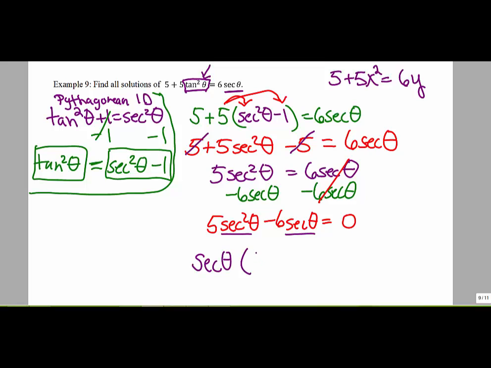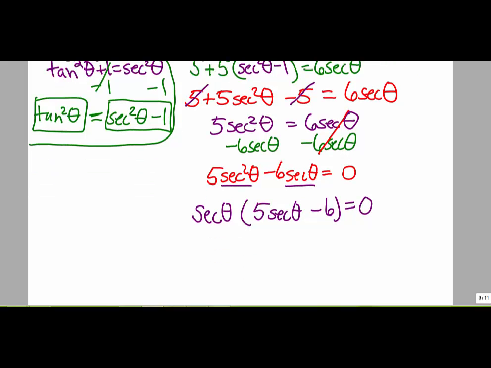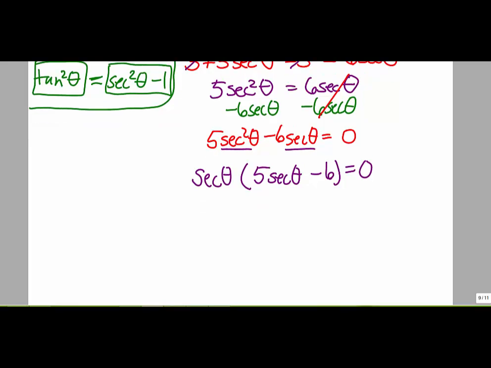So that's secant theta times 5 secant theta minus 6 equals 0. Now that it's factored, we can set each one of these factors equal to 0. And then we'll have 2 equations in linear form that we can solve for secant.